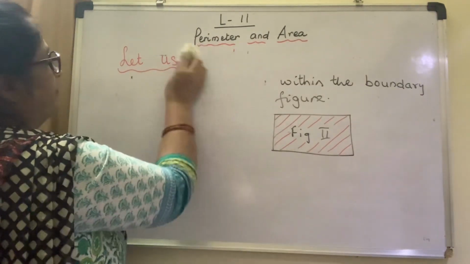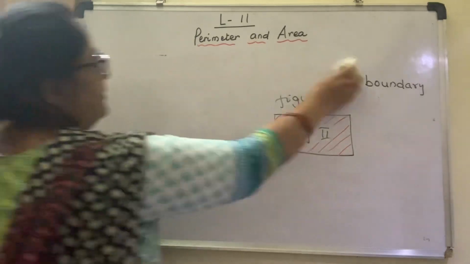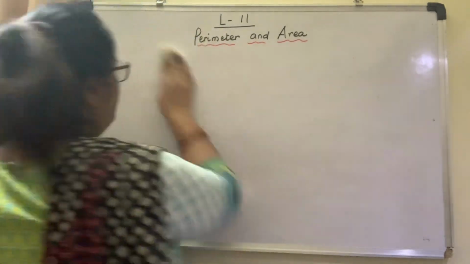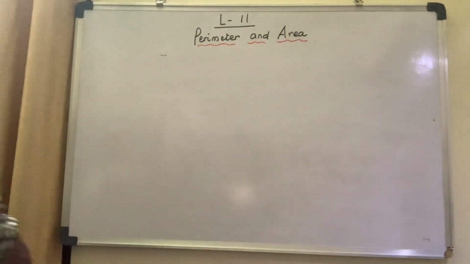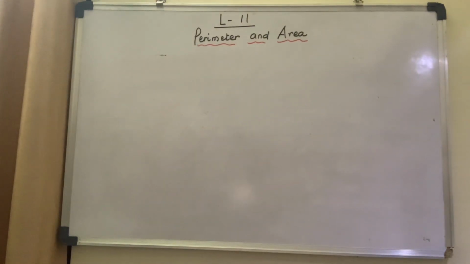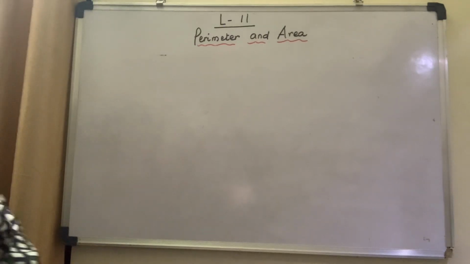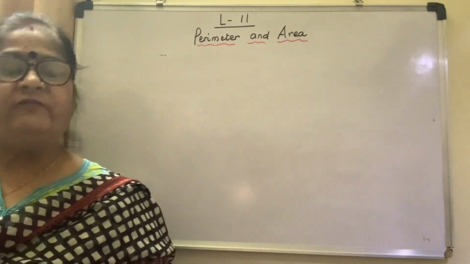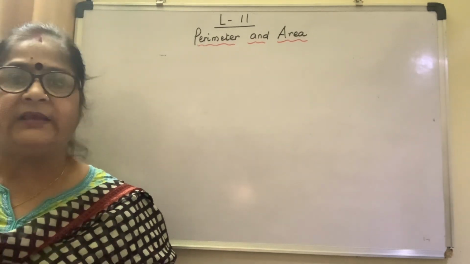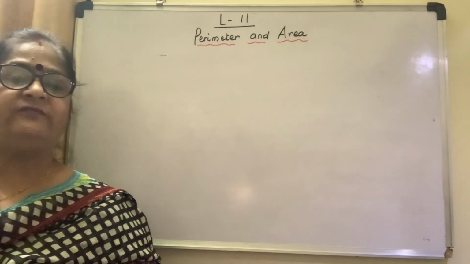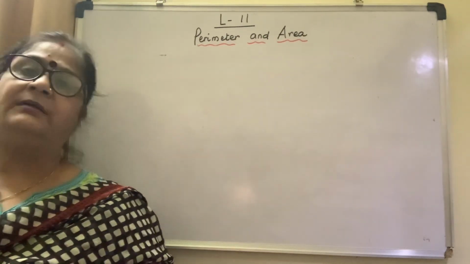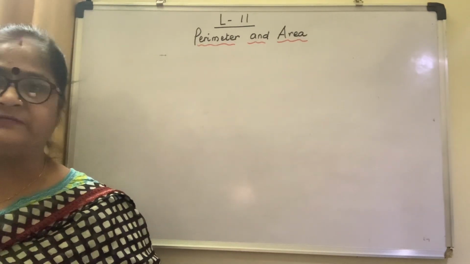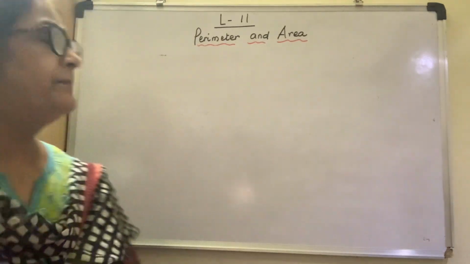Now, we go on to the special figures. First, I'm just going to go very quickly about the definition of those figures, and then I come to the area and perimeter of those figures, maybe in my next one.